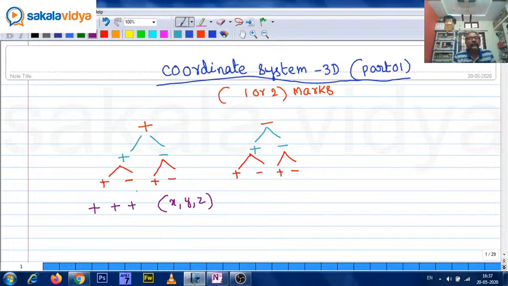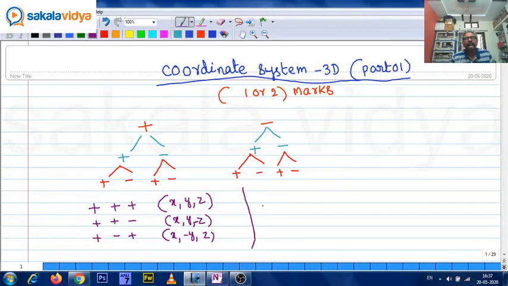Next it may be plus plus minus, so generally you get x comma y comma minus z. Next we have plus minus plus, so generally we can write x comma minus y comma z.